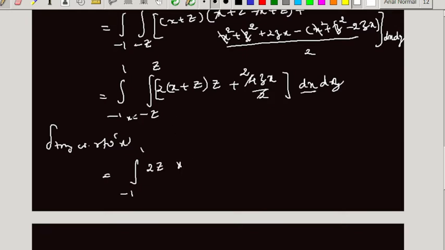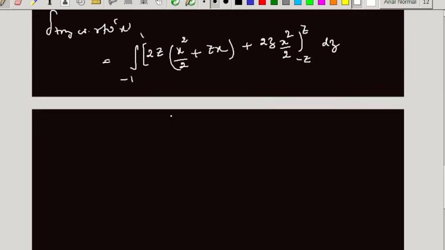The integration of x is x square by 2, plus z is constant, so z into x, plus here 2z into x integration is x square by 2. So we apply the limit for this one, minus z to z.